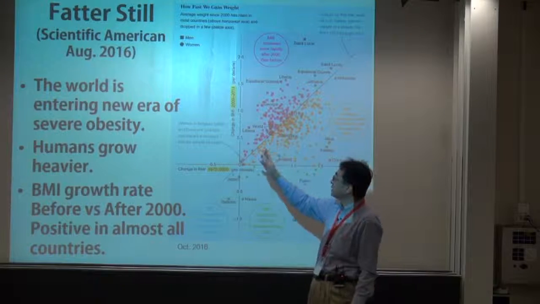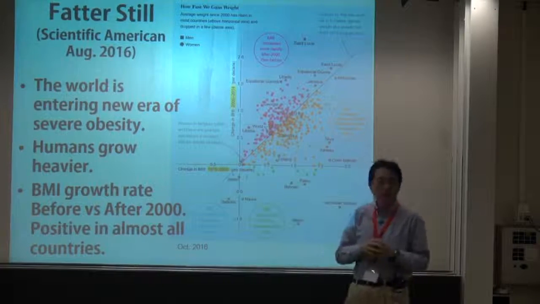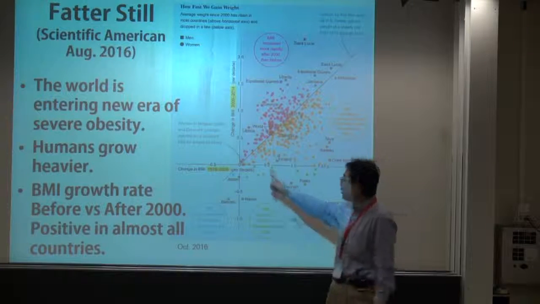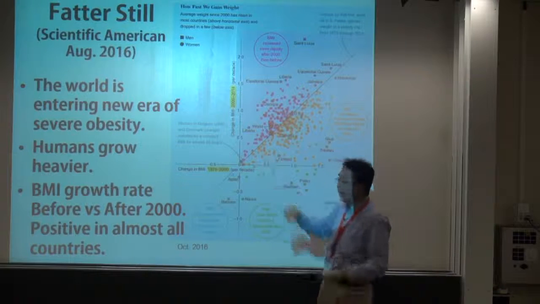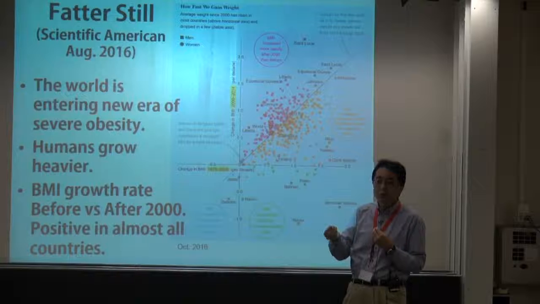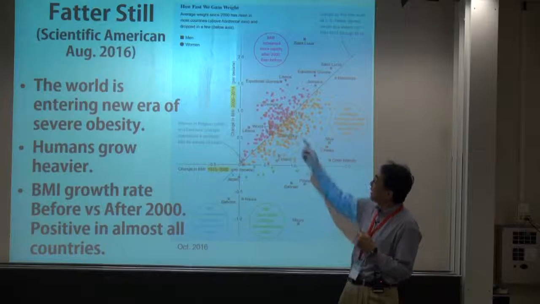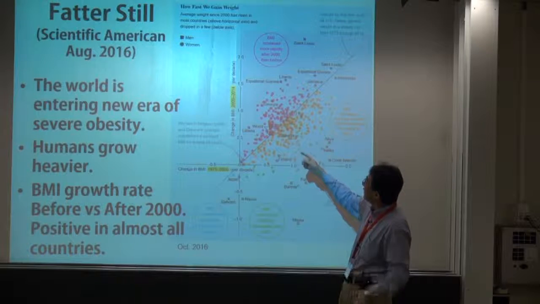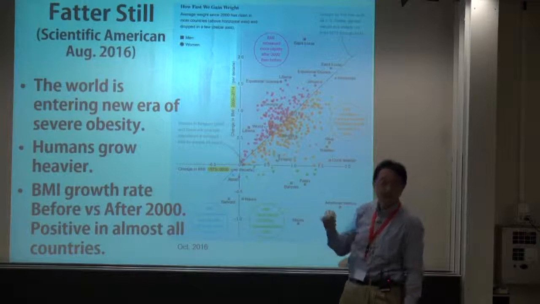The vertical axis shows the BMI growth rate after 2000. And each point corresponds to a country, either men or women. The men is shown as squares, and women are shown by circles.